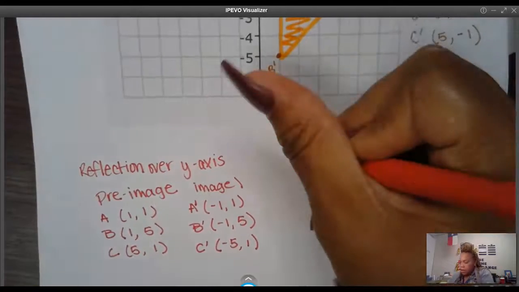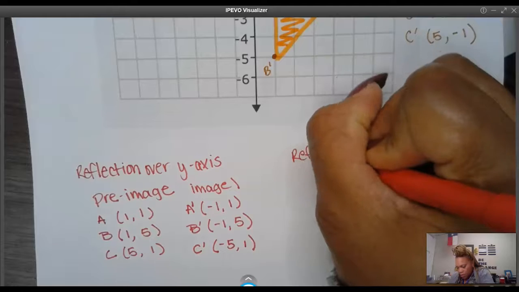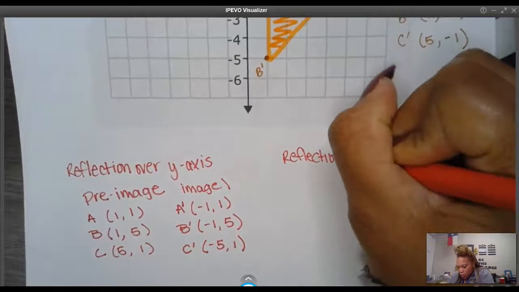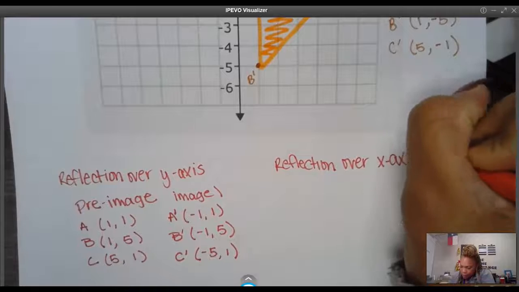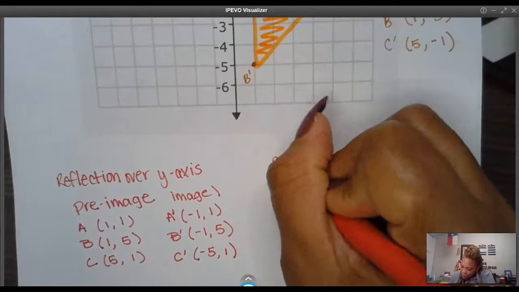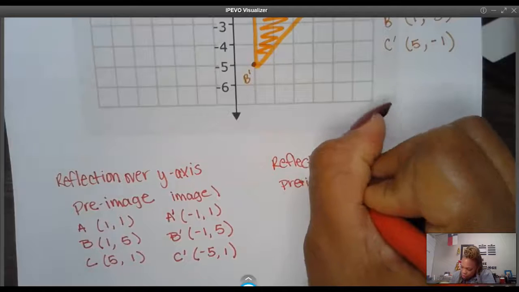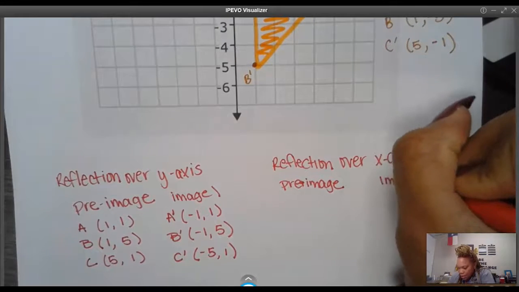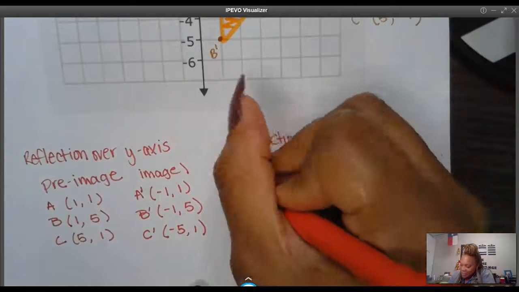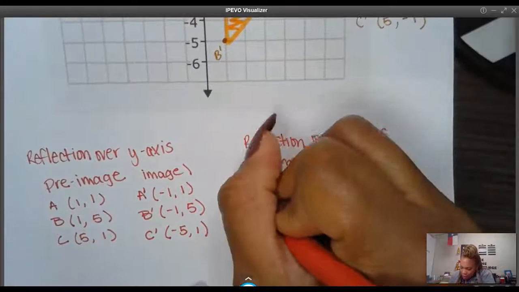Okay. Let's look at the reflection over x-axis. My pre-image and image. You guys get all my mistakes because I'm not making this video again. So my pre-image, A was the same, 1, 1.